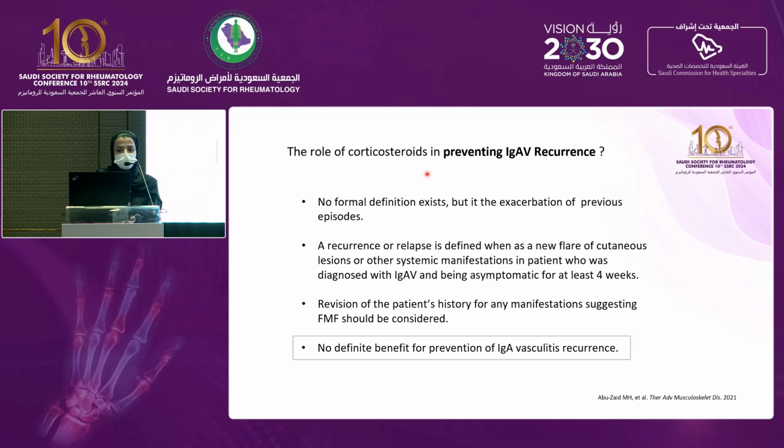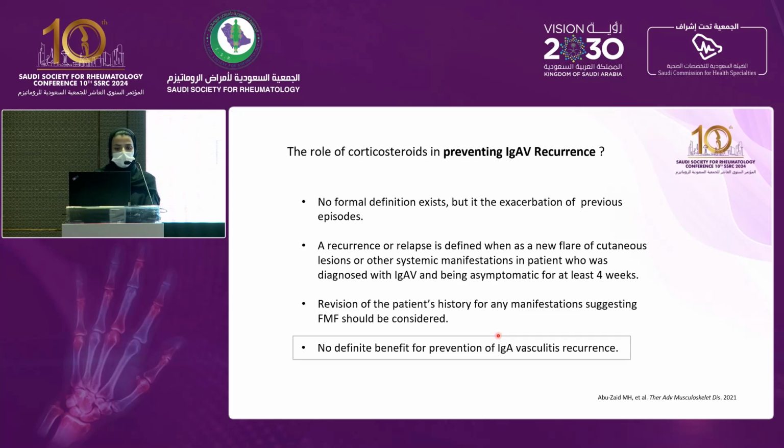There is no formal definition for the exacerbation or recurrence of IgA vasculitis. However, it is thought to be a new flare of cutaneous or systemic manifestations in a patient who was diagnosed with IgA vasculitis after being asymptomatic for 4 weeks. And whenever you have this, consider the diagnosis of FMF, especially in our area.